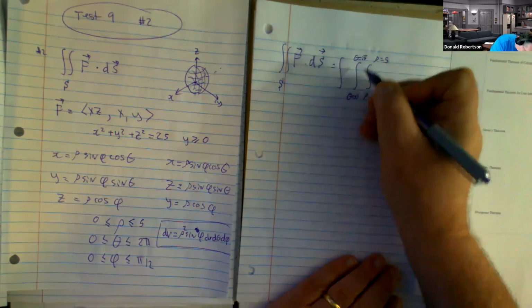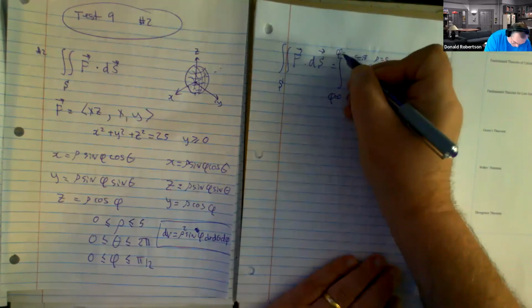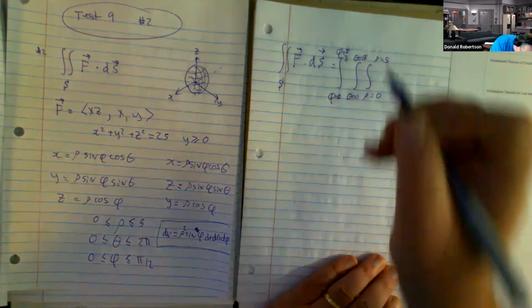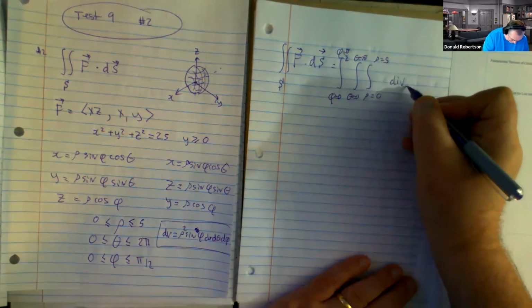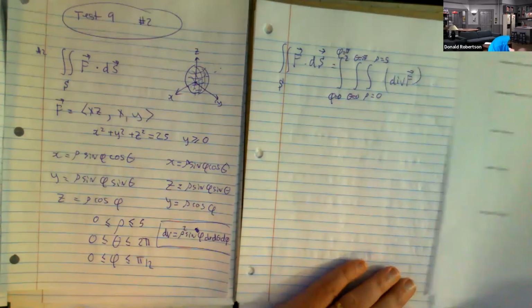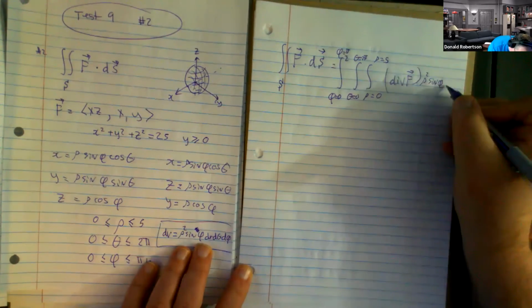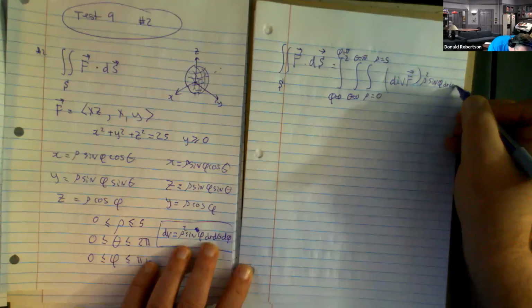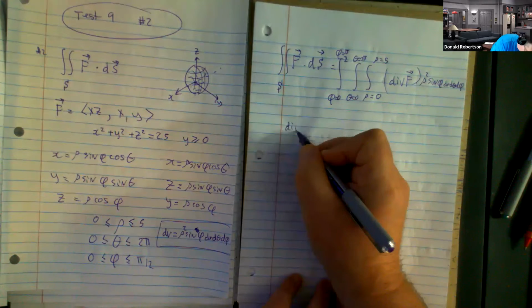Phi equals 0 to pi upon 2. That's good. I'm going to be putting in the divergence of f here. And then instead of my dv, there's going to be a rho squared sine of phi, very small writing, d rho d theta d phi.